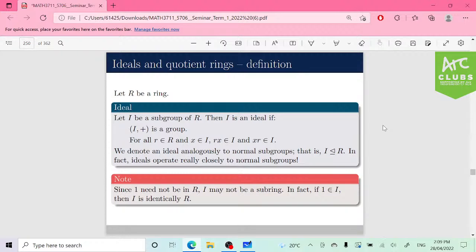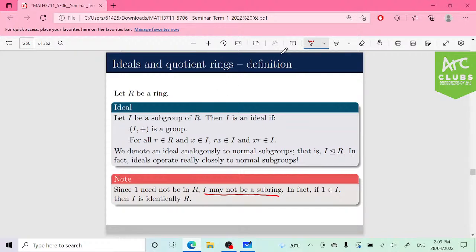So one further thing that we might notice is that I itself may not necessarily be a subring because 1 is not required to be in I. Right? So you don't require the multiplicative identity to belong in your ideal, and therefore I may not even be a subring at all.